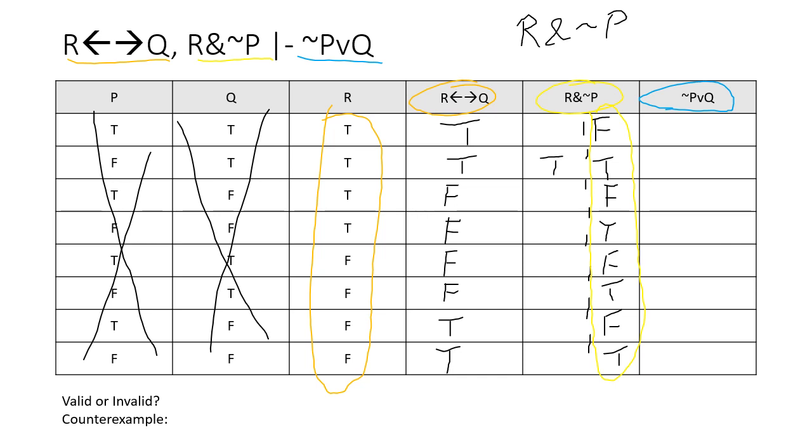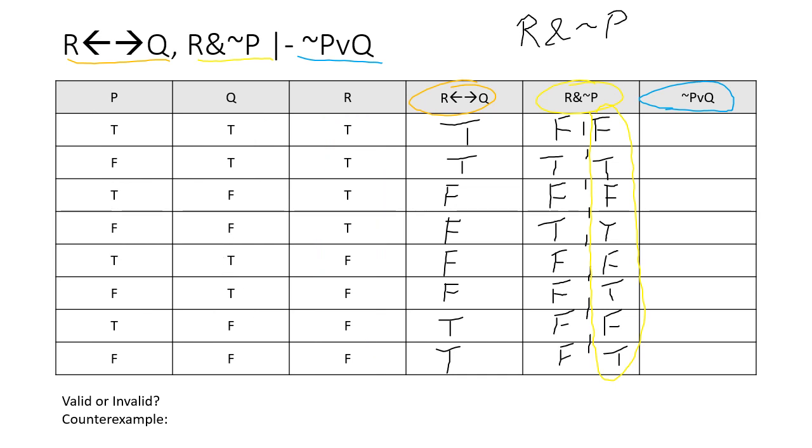That happens here and here, and looks like nowhere else. So the rest of them are going to be false. And now we can erase all this. Remember, we don't need this column because we're only interested in the main operator, which is the ampersand.